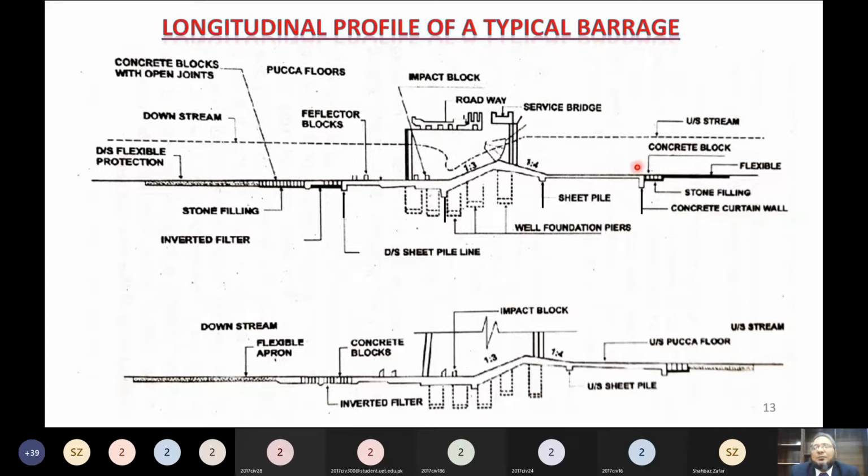And once we compute the cover depth, and cover depth is always measured with respect to the water surface level, let's say it is coming up to here, so the length of the sheet pile should be such that it is more than that cover depth. The sheet pile should be driven even deeper than that.